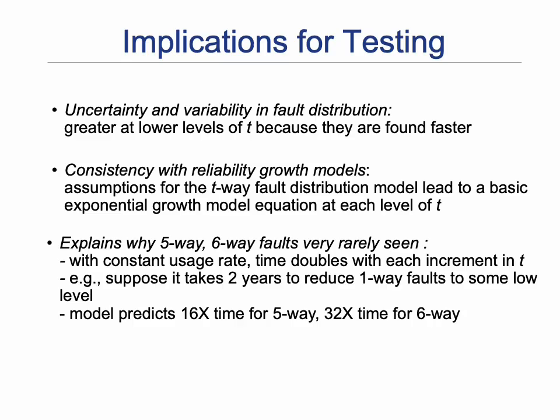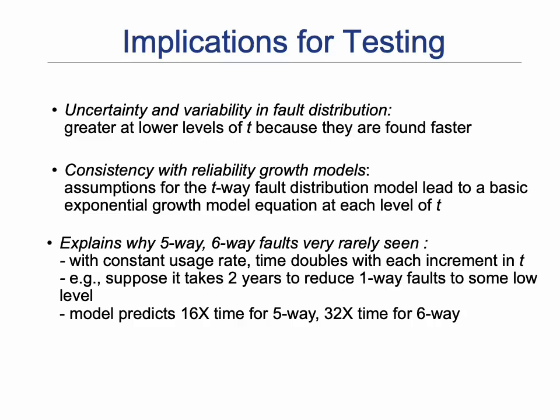And the other really interesting point is that the assumptions that we've made lead to the basic exponential growth model equation that is commonly used. So instead of starting with the assumption that we have an exponential growth model, we start with more basic assumptions, and that leads to the standard exponential growth model.